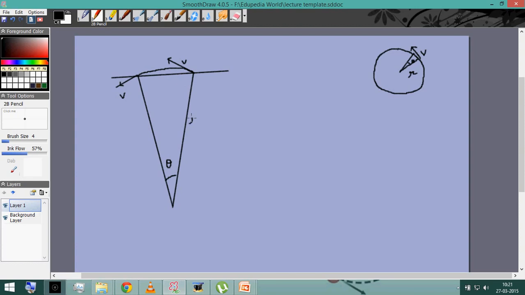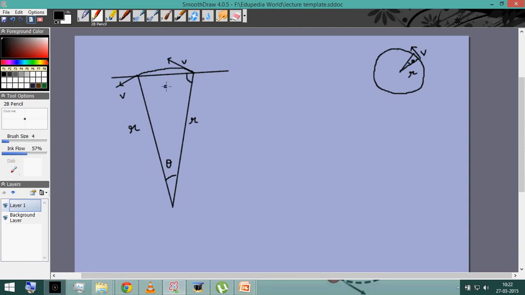At this point, the velocity would be along the tangent and the speed would be v. Here the velocity would again be along the tangent and the speed would be v. Let's call this angle theta. And let's just draw a straight line, the construction.